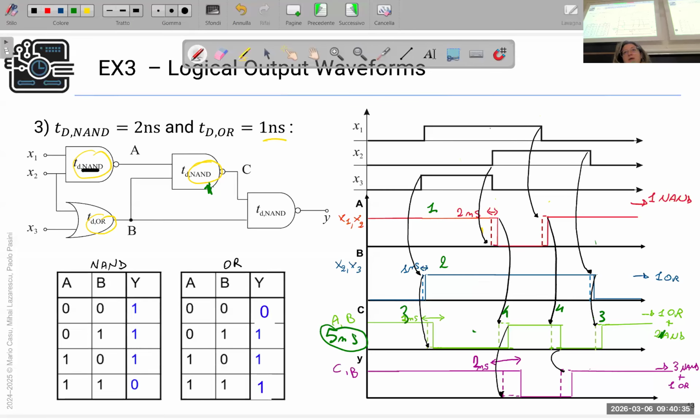You're saying that if the delays happen at the same time, you just have to consider the higher. Yes, that's true, but it depends on the change. Because if one is changing and the other is not, we have to consider the delay of what is changing. So it depends. If they are both changing together, yes, what you say happens. Okay, perfect.